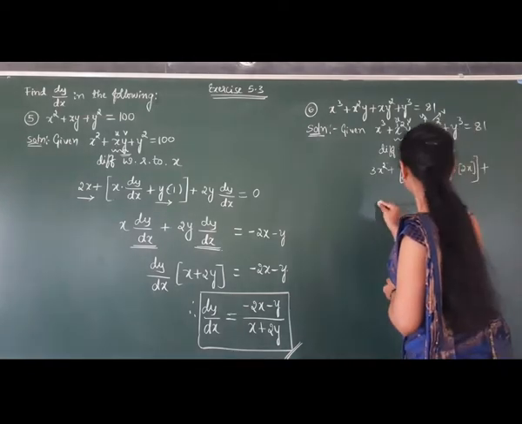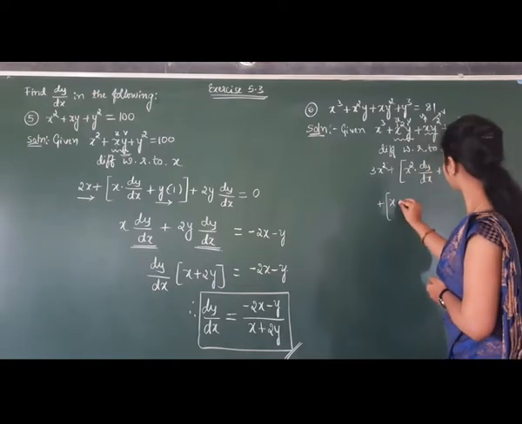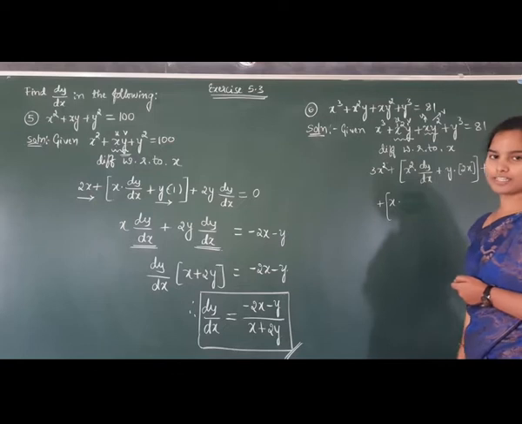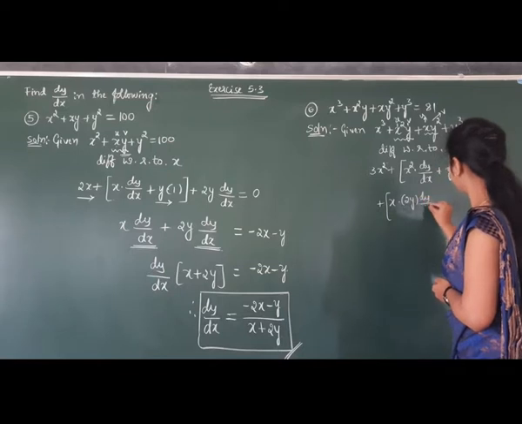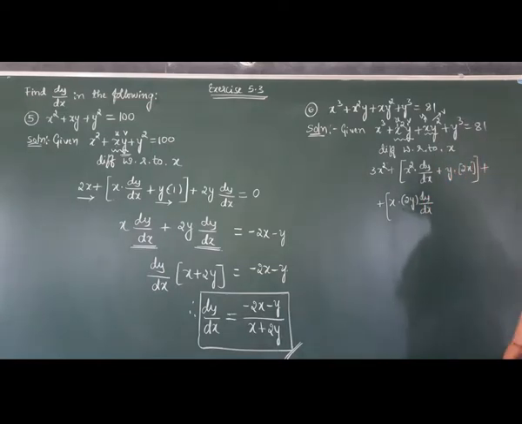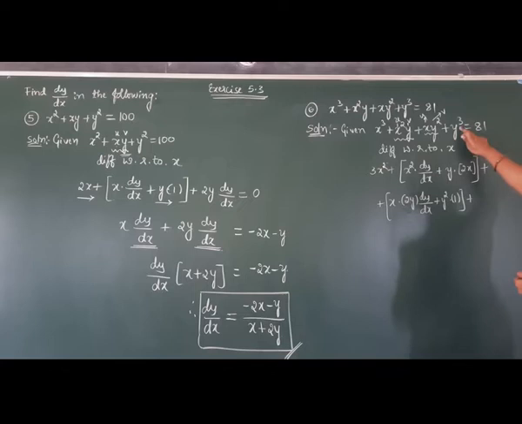So I will keep the first function x as it is into derivative of y square with respect to x is 2y into dy by dx, plus now keep the second function y square as it is into derivative of first function x with respect to x is 1, plus derivative of y cube with respect to x is 3y square into dy by dx.